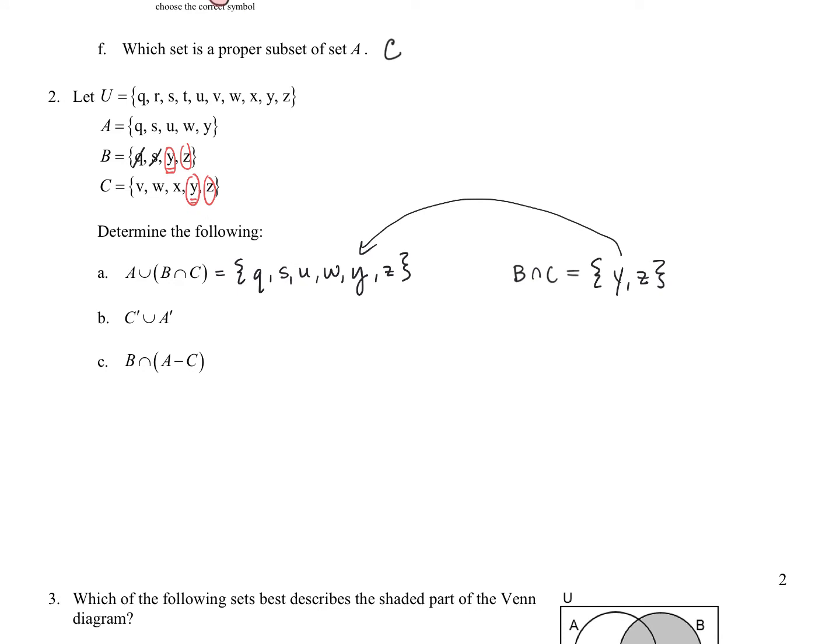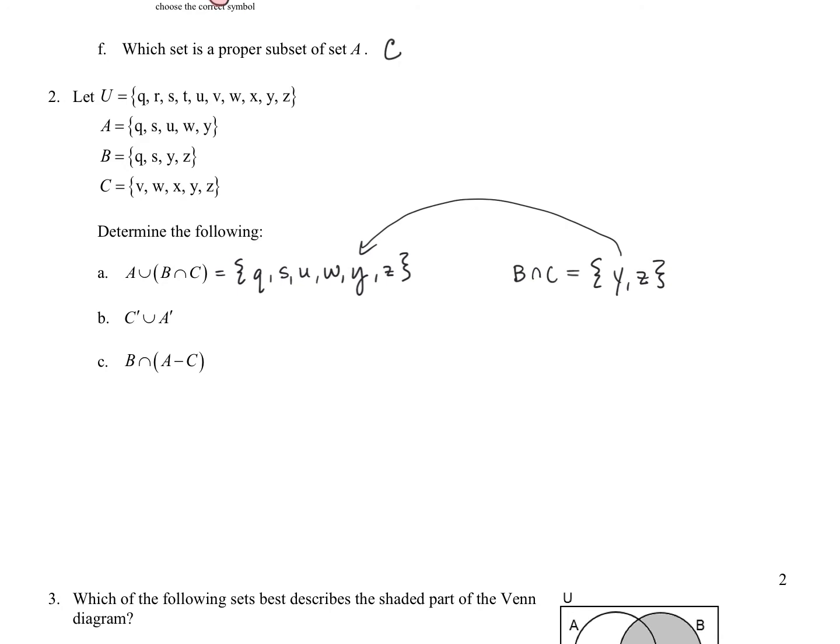Okay, now part B, let me erase the markings up here so we can kind of start over, is not C, union, not A. So it's what is not in C, union, not in A. Okay, so basically, we want to look at C and then look at the universal set.